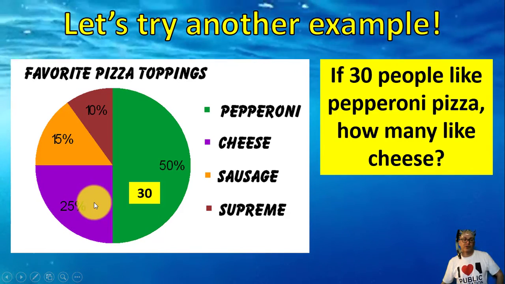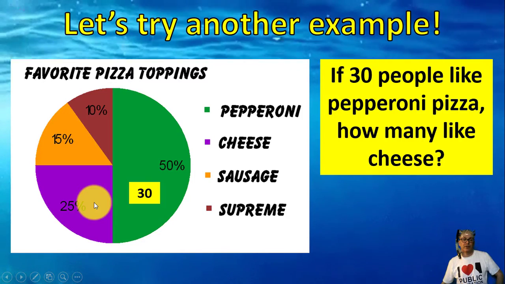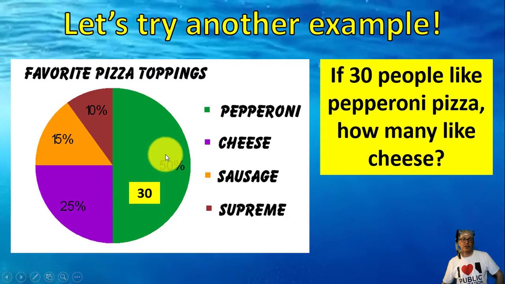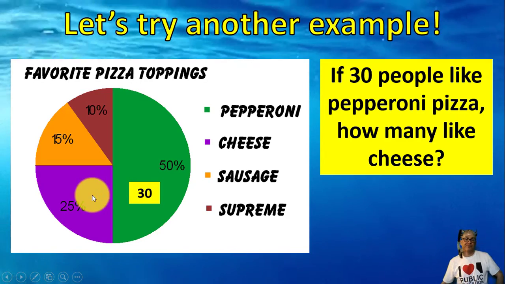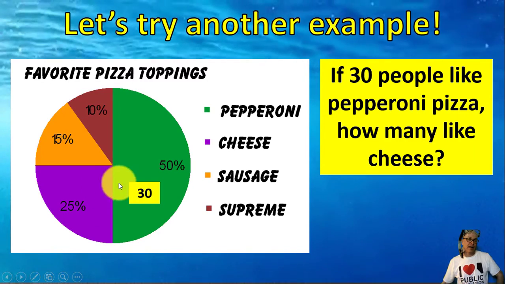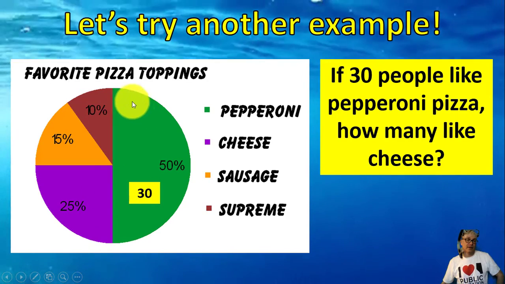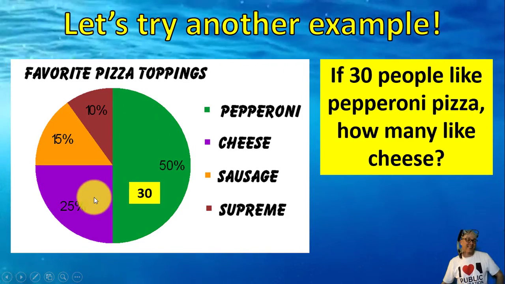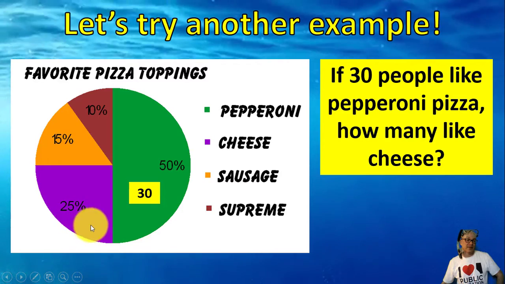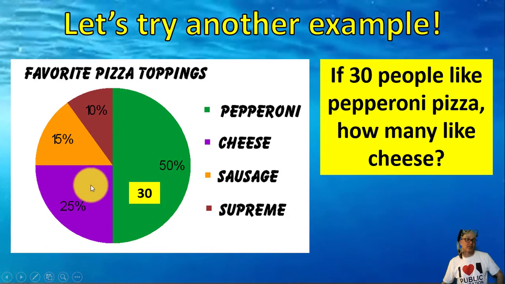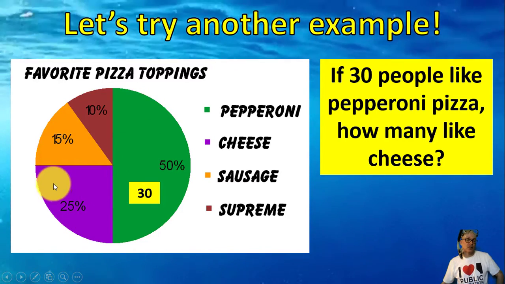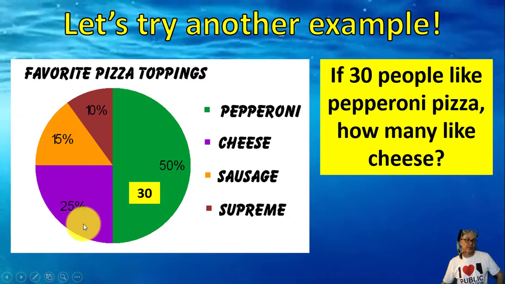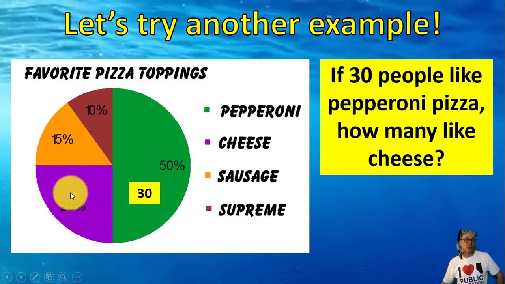Well, how big is 25% in relation to 50%? Is this about half of that? Right? This big green part is about twice as large as this, right? Half is twice as large as 25% or a quarter, right? 2 quarters equals 1/2.